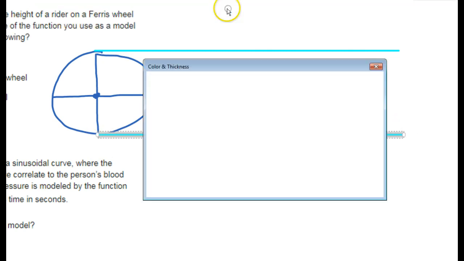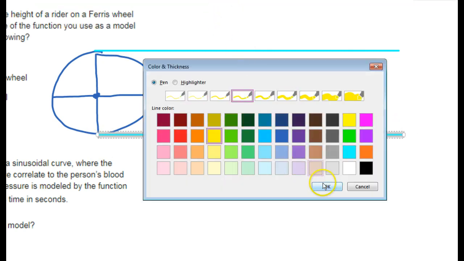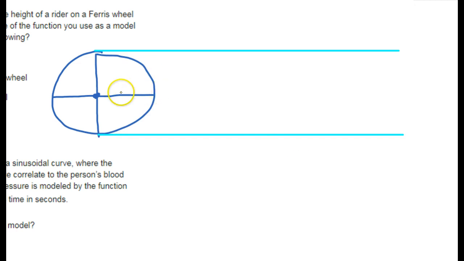Let me switch to yellow, because these are all just guidelines. Okay, so I've got these three guidelines.